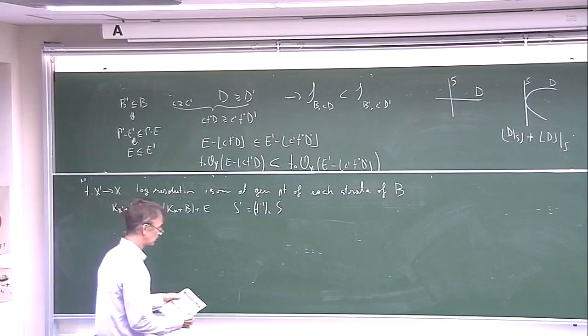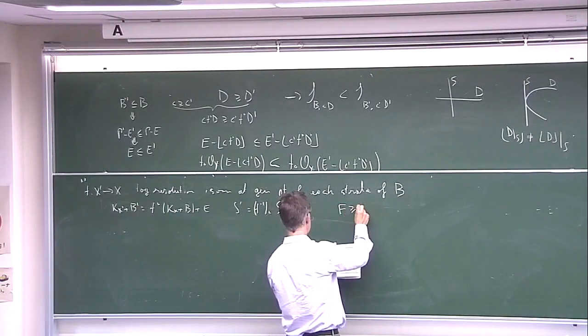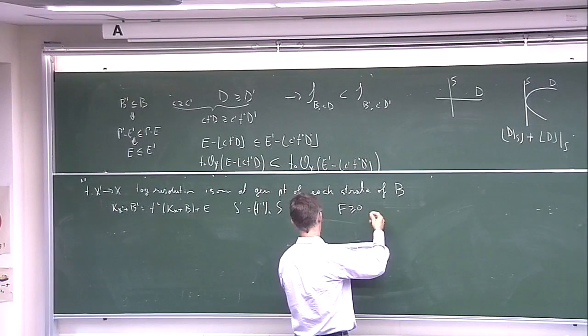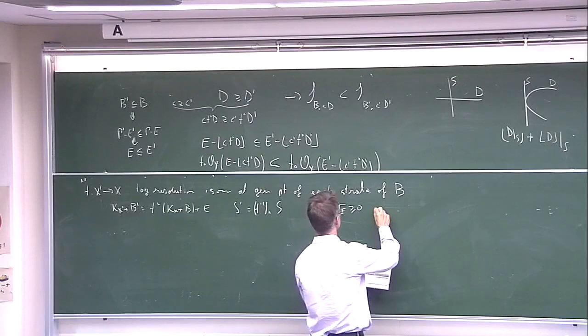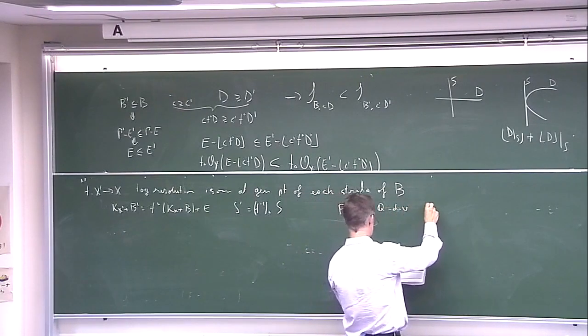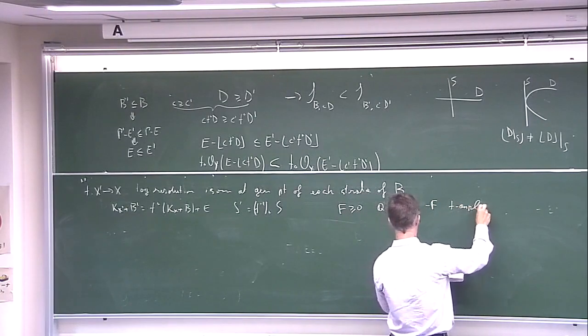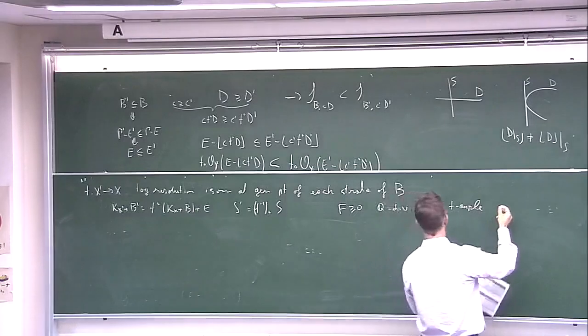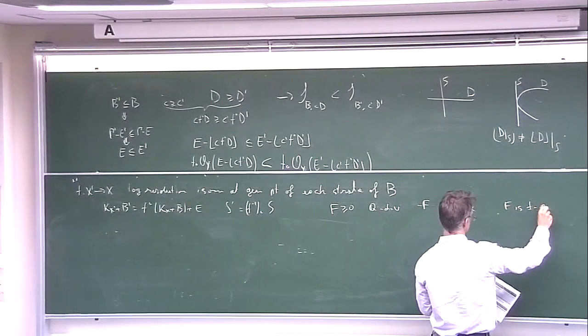And now I'm going to pick F. I don't have to assume actually. So I can pick F, an effective Q divisor, such that minus F is f ample. And probably for good luck, I want to say that F is f exceptional.